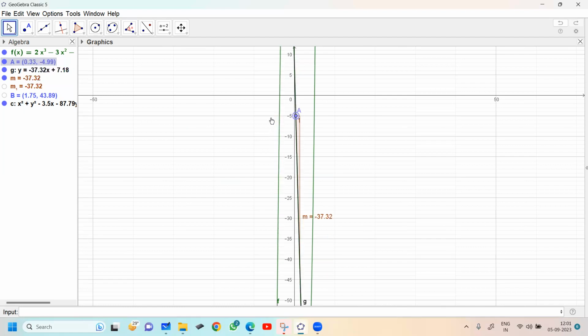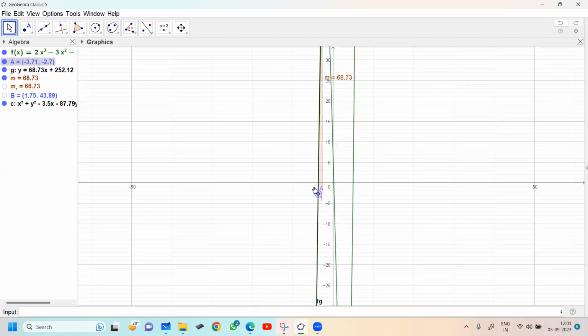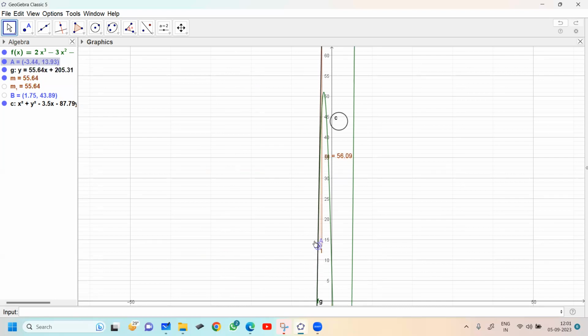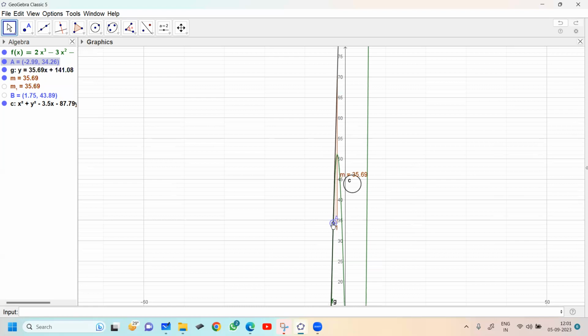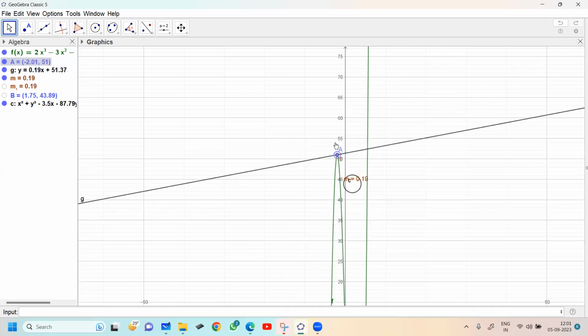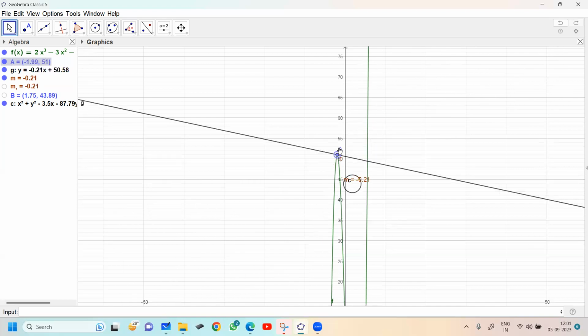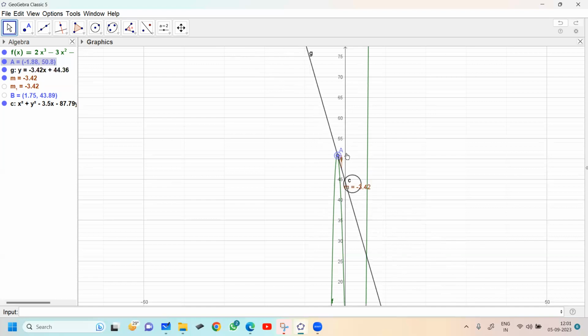As I am moving this up, point A is going up, the slope remains positive. But as soon as this A turns the side, the tangent is parallel to the x-axis and then comes down, the slope is now negative, minus 8.18.